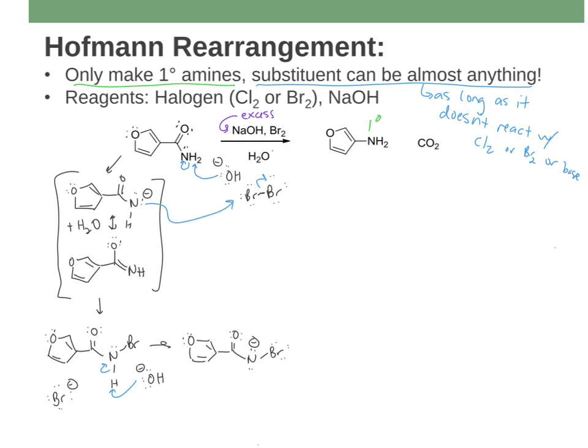One way for the nitrogen to get rid of this negative charge is to put it on the bromine, which means that the bromine simply leaves. That's strange because it leaves my nitrogen without a full octet, which is not super stable and is going to lead to some weird things.